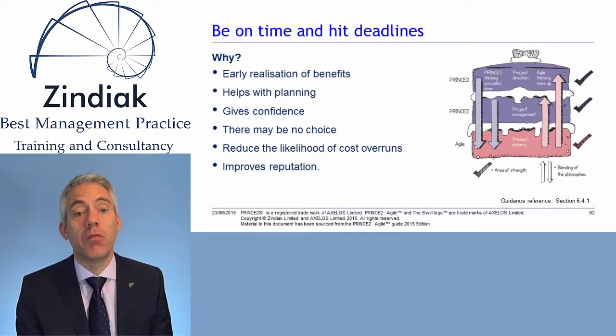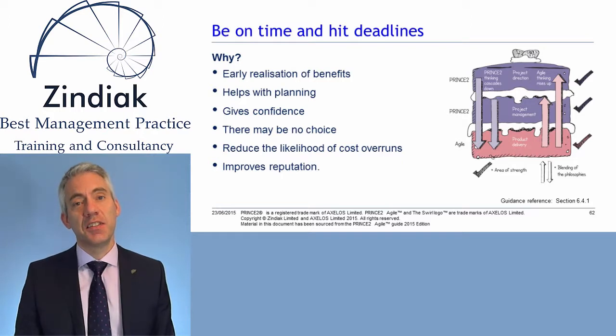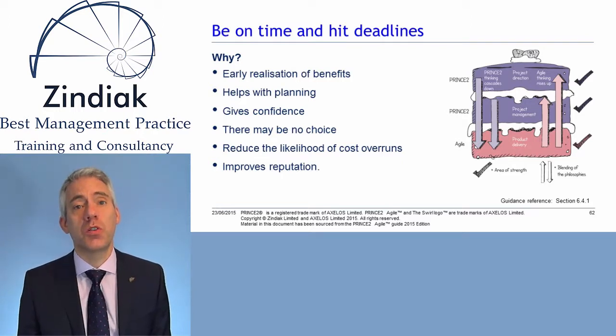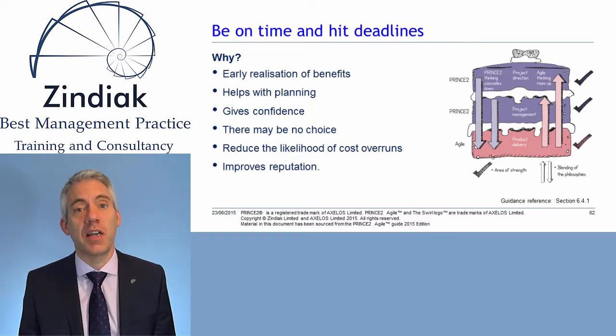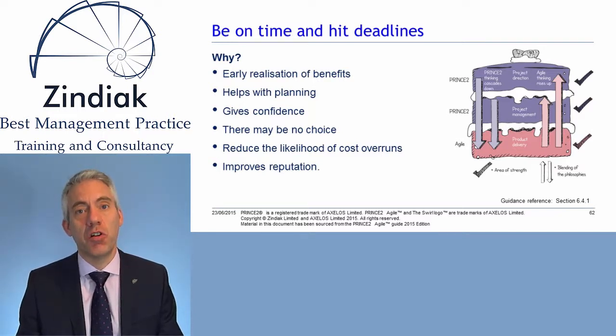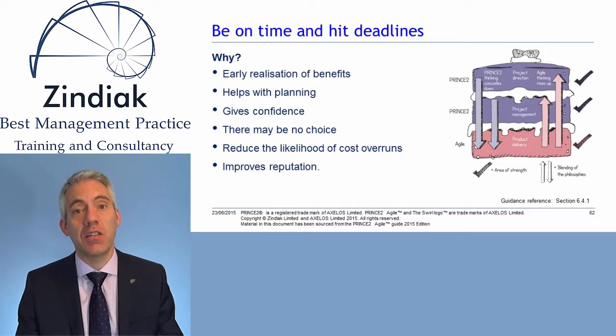The fifth point, reduce the likelihood of cost overruns. I think this should be fairly obvious, but if you have a delivery team of any size, let's say 10 people, for every day you overrun, that's 10 man days of cost overrun.